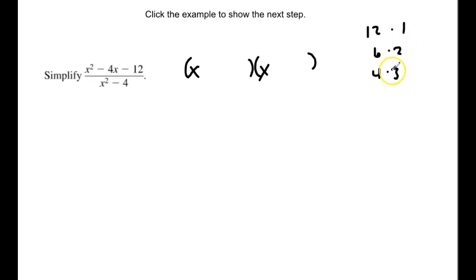One of these is going to have to be positive and the other negative, because I'm dealing with a negative 12 and I'm looking for a negative 4. So I know I'm going to end up with minus 6 plus 2, because if I multiply this out, I have x squared minus 6x plus 2x minus 12, and that simplifies to what I have here in my numerator.